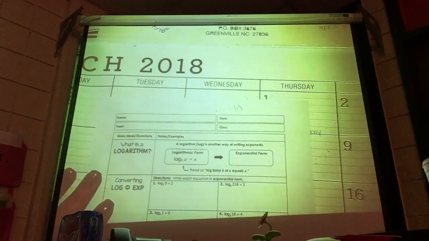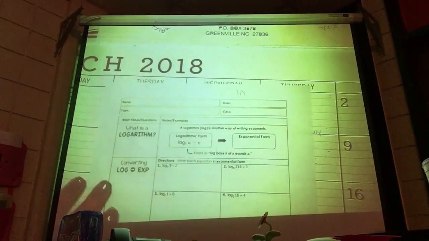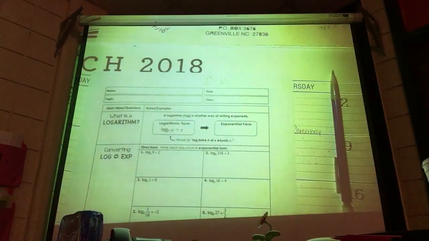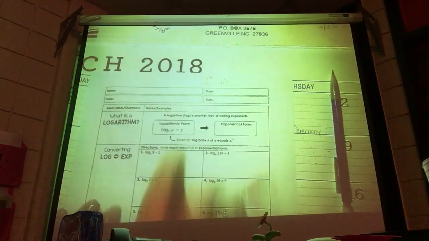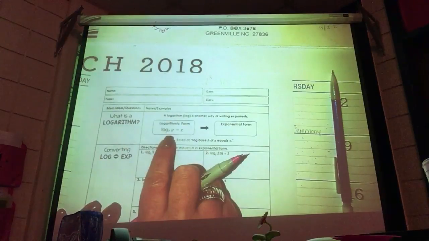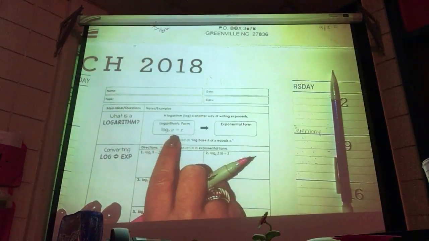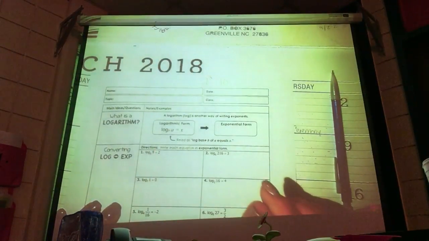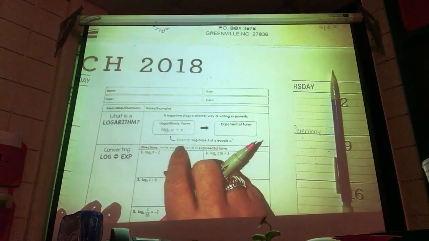I know you can't really see that, but. All right, so what is a logarithm? A logarithm is read as log base b of a is equal to x. Now, remember yesterday we were talking about the base number?